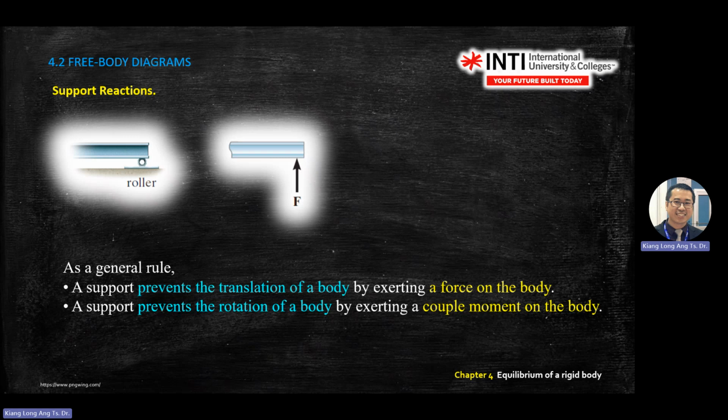What do we mean by translation? Translation means motion in a straight line. It can be x, y, or z. As long as it moves in a straight line, it is called translation. If you give a force, the object will move in a straight line, in any direction, and we call it translation.